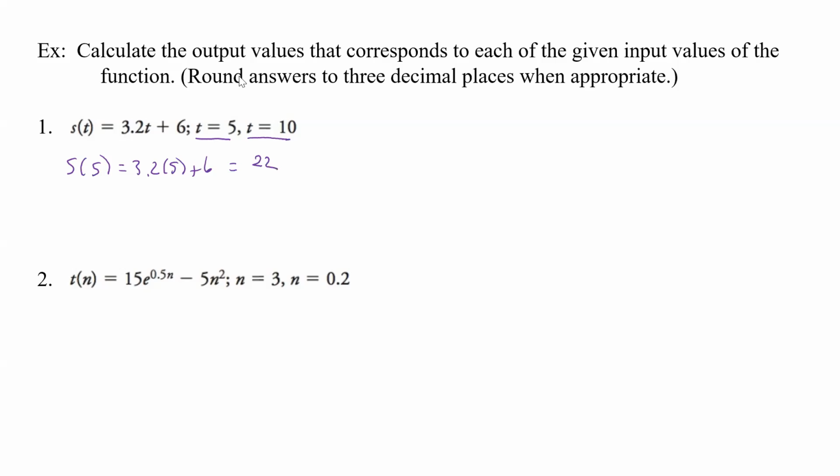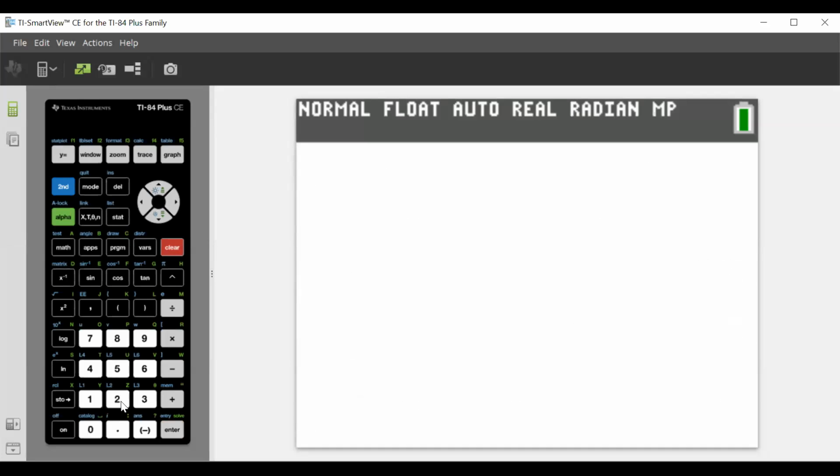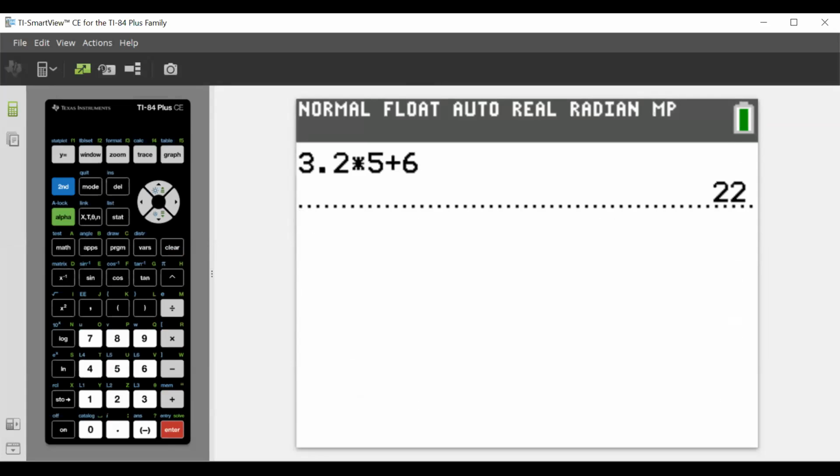And if you want to do this on a calculator, let's clear all this. We would take the 3.2 times the 5 plus the 6, and we get 22. Now, our other question said to do 10.